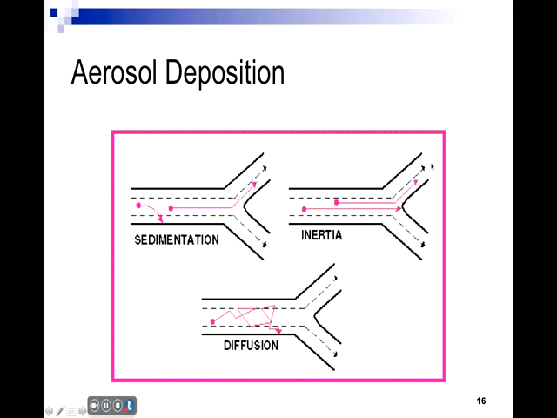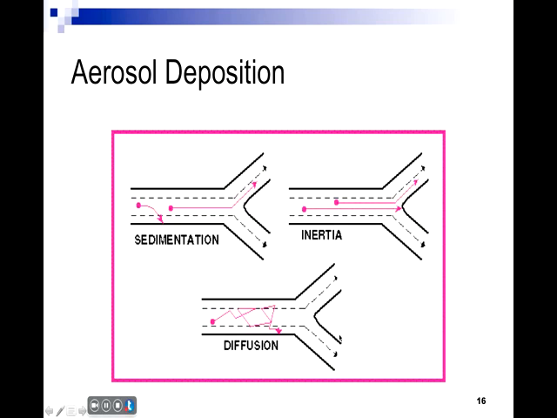Inertial deposition is a major factor in the areas of the respiratory tract where there's a lot of branching, and this will occur in the tracheobronchial region of the lung, where you'll see a lot of branches. The smaller particles will be able to traverse the branches, go with the flow, so to say, and the larger particles will smash into the bifurcations and be stopped there.